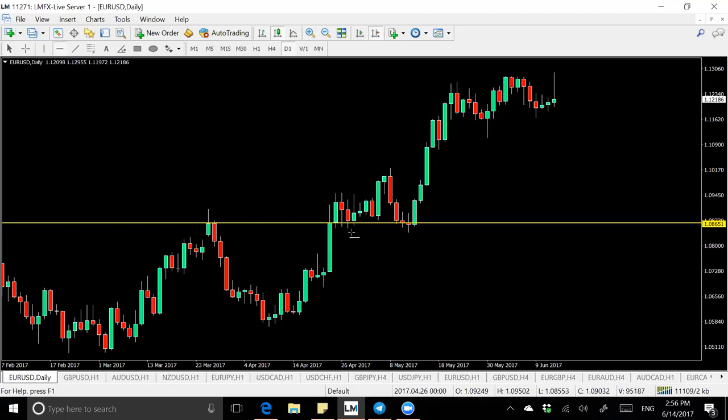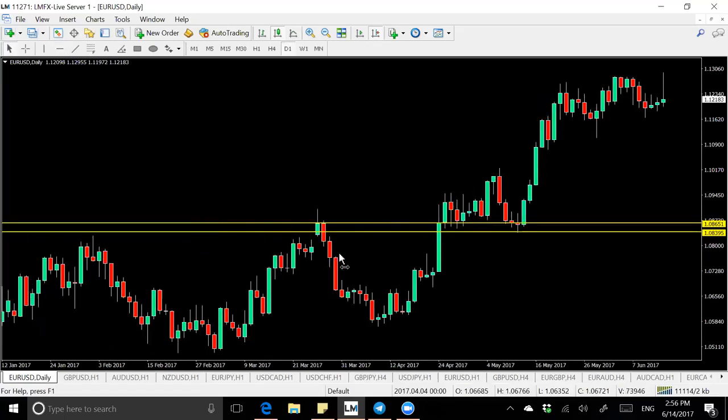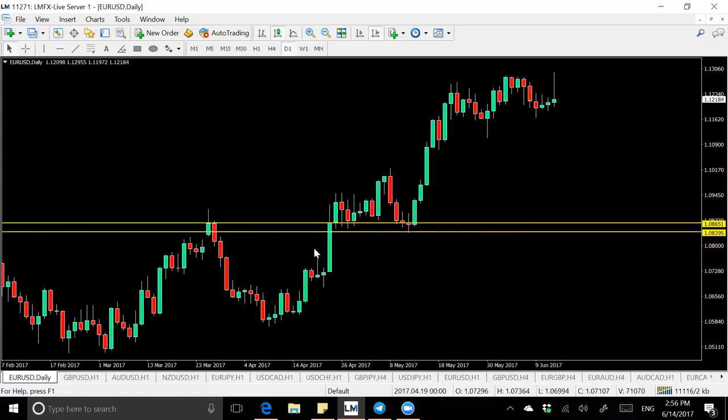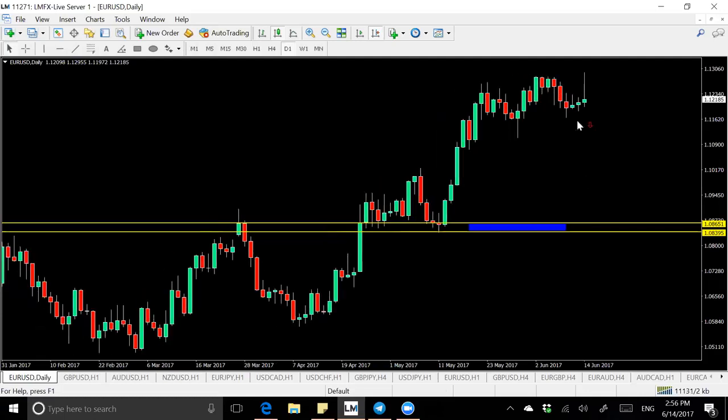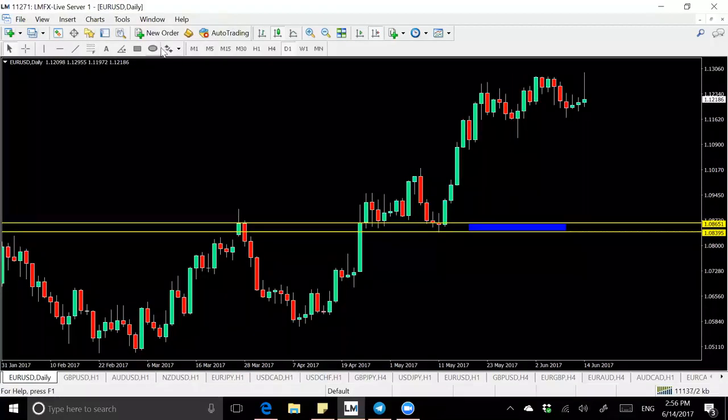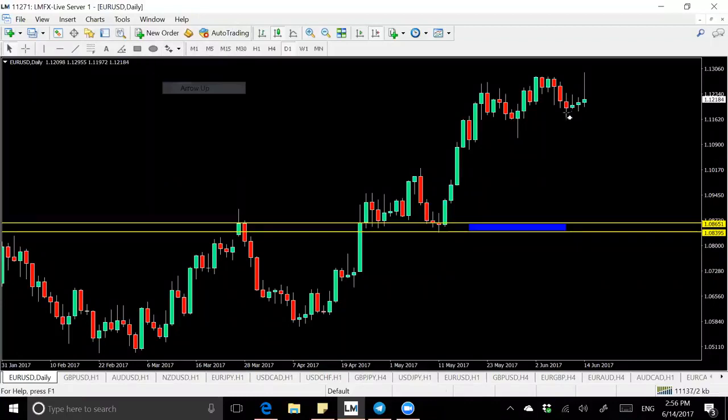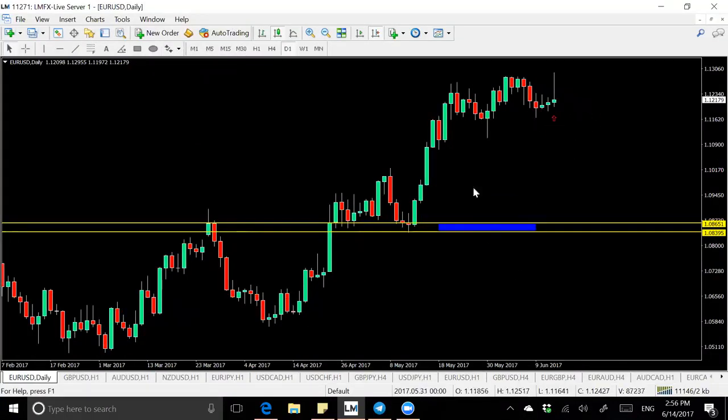That area is your support and resistance, this whole area. But if I plot this and I'm trying to trade, it's not relevant to me because price is up here. Price has already left this area. Price is up there. So this support and resistance doesn't do anything for me.